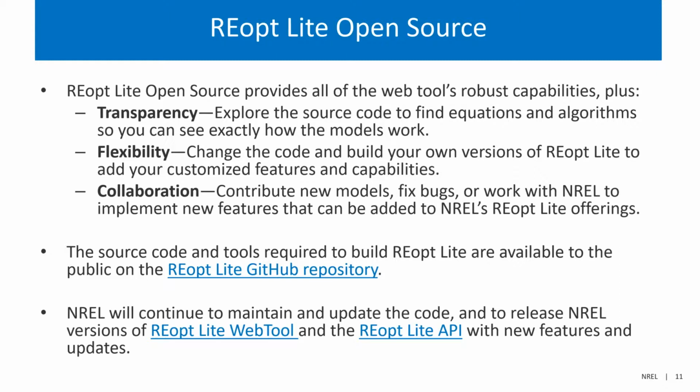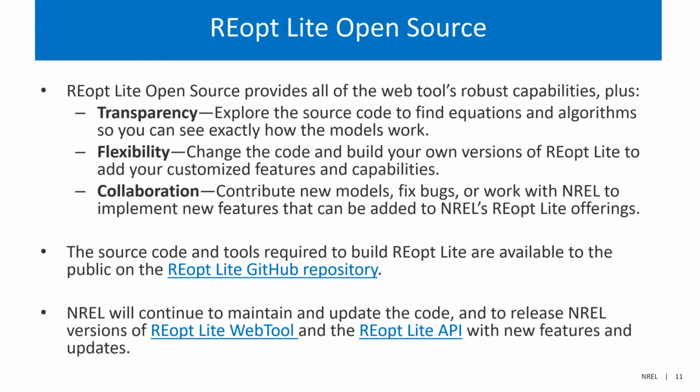And then collaborations. NREL, in our REopt Lite group, is very much open to collaborating with academia as well as industry to maybe fix bugs or even build new features going forward. So the source code and tools required to build REopt Lite are available on the repository, whose address will be available on the slide deck.